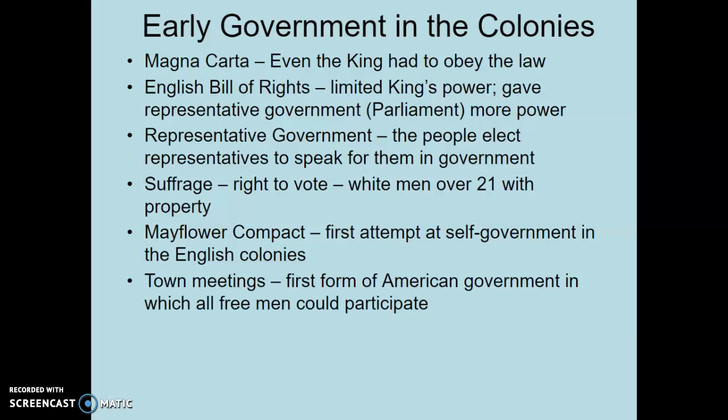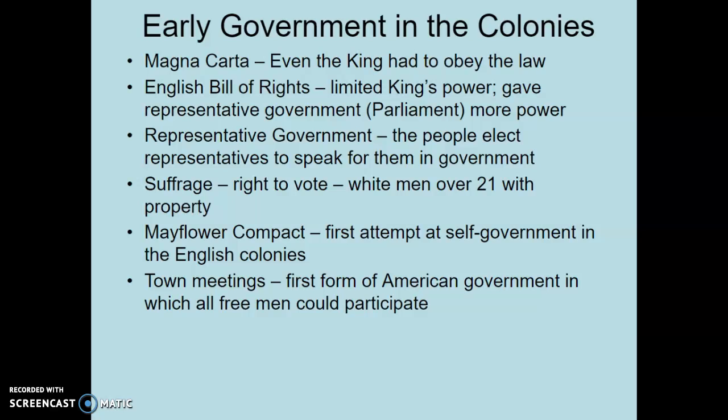Town meetings, which actually still exist in some parts of New England today, are really cool. It's really a true democracy. A town meeting is basically where everybody that lived in the town would gather together and vote on things, and they would make a decision based upon everyone's opinion in the town about how to do things, like create a new law or build a new school or raise taxes to build a new road or something like that.